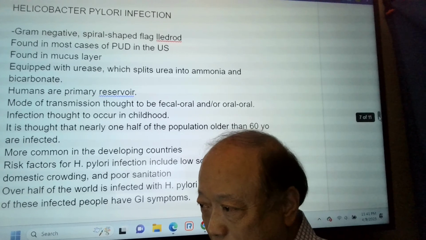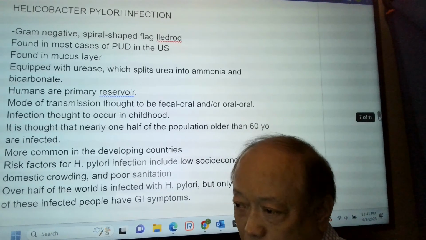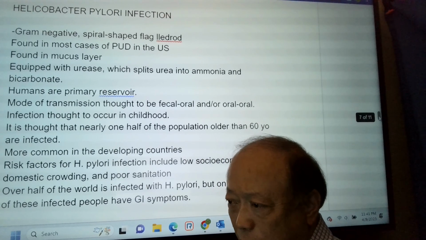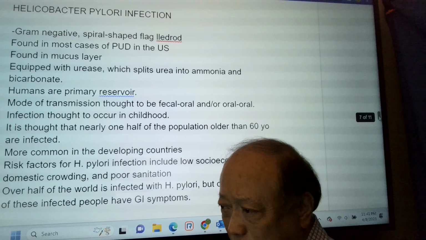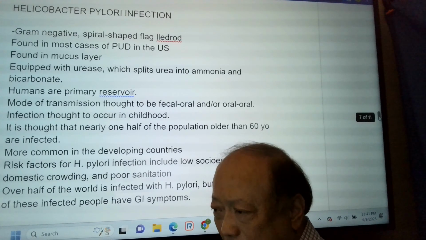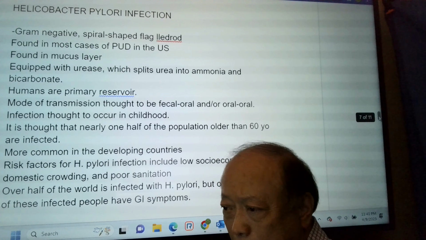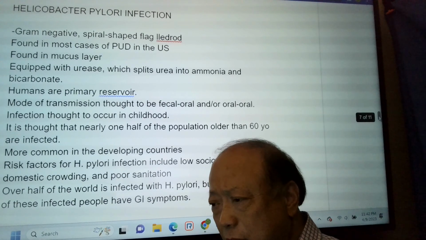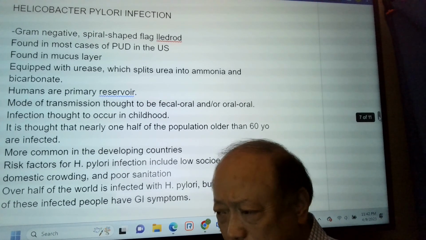Helicobacter pylori infection. Helicobacter pylori is a gram-negative spiral-shaped flagellated rod. It is found in most cases of peptic ulcer disease in the U.S. It is found in the mucus layer.